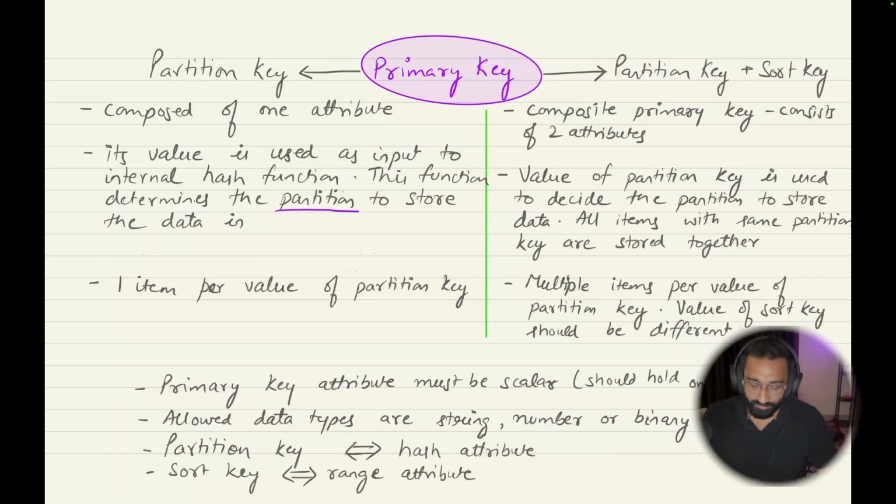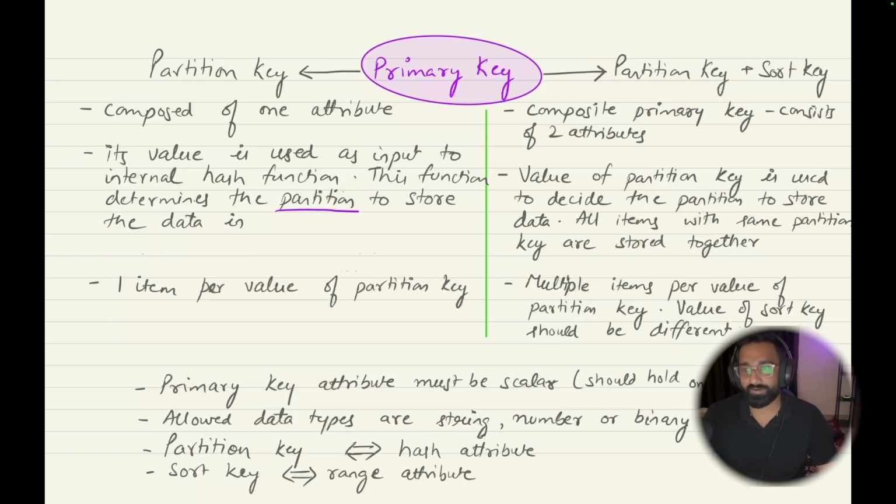When you have a primary key as a combination of partition key and sort key, your primary key becomes a composite primary key that consists of 2 attributes, that is partition key and sort key. The partition key is the unique ID, but the sort key can be multiple.